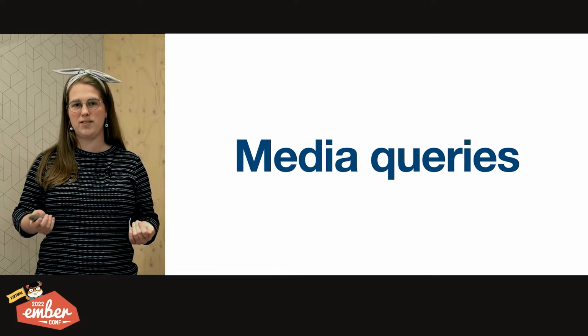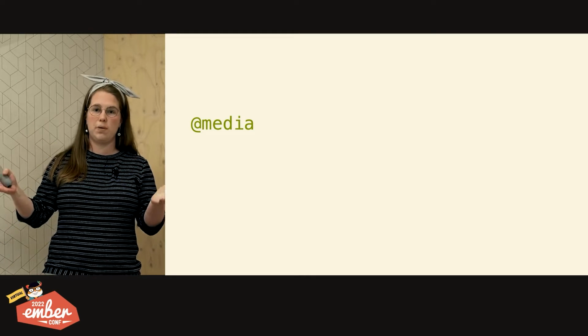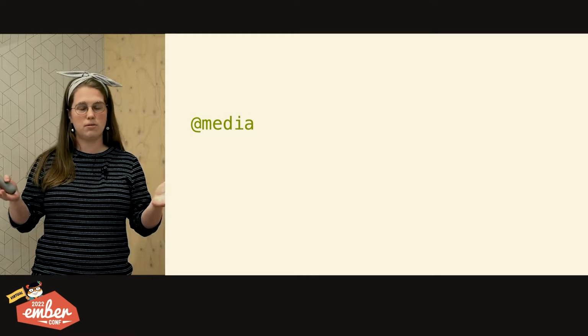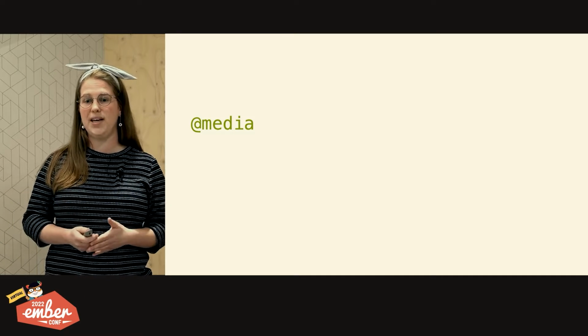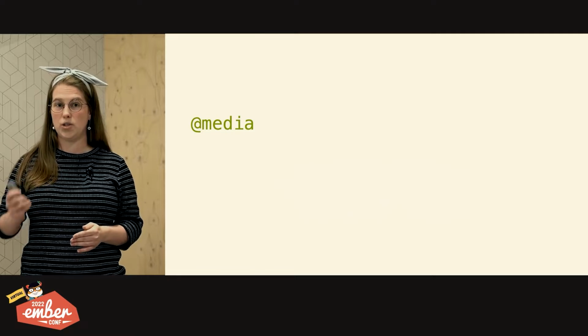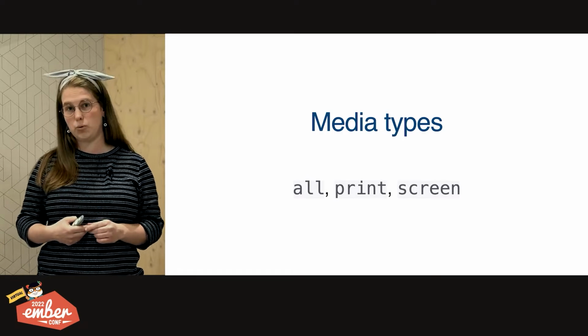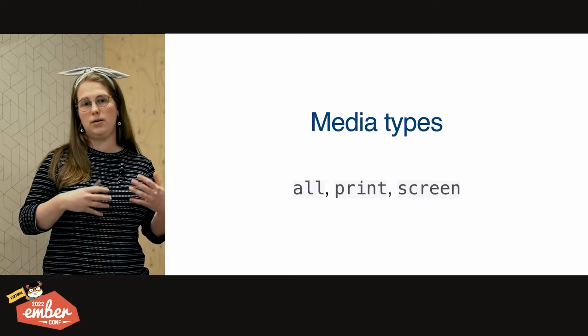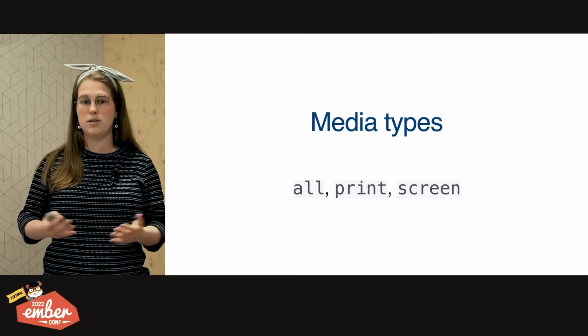A media query is the part of your CSS file that starts with @media, followed by sometimes a little and sometimes a lot. The first part of a media query is the media type. There are 3 types. There is all, print, and screen. All makes it explicit that it will apply always.